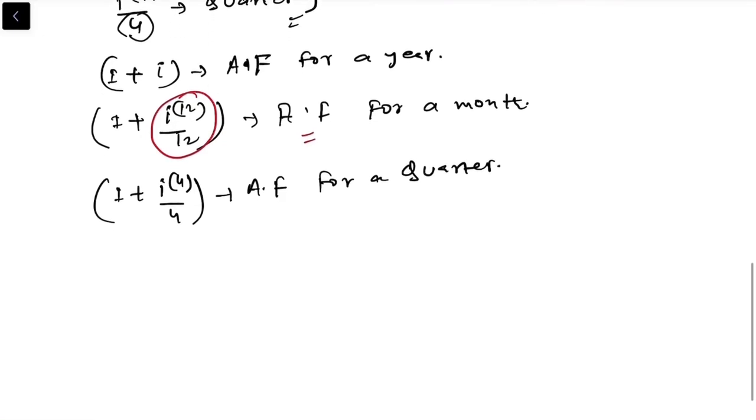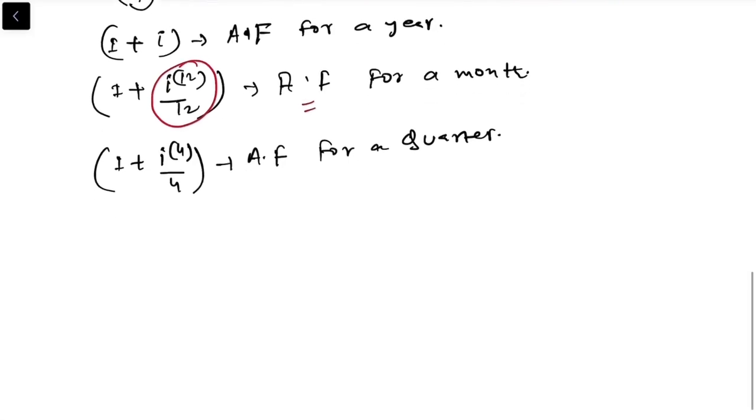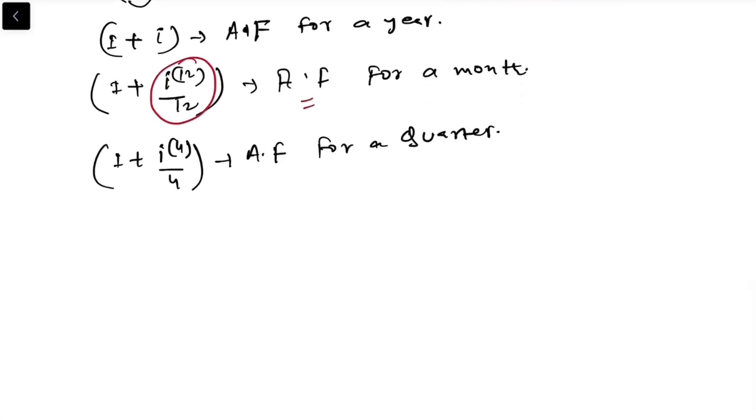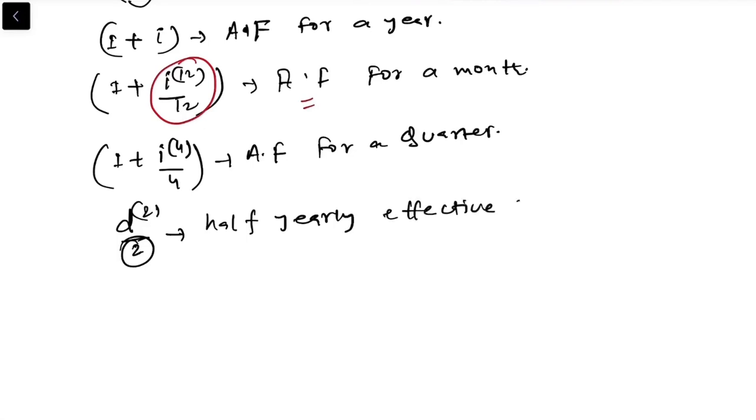Okay, now similar to effective rate of interest, we have effective rate of discount as well. That is, whenever you are given d(2) divided by 2, that means 1 year is divided into 2 parts, and this is called half yearly effective rate of discount.